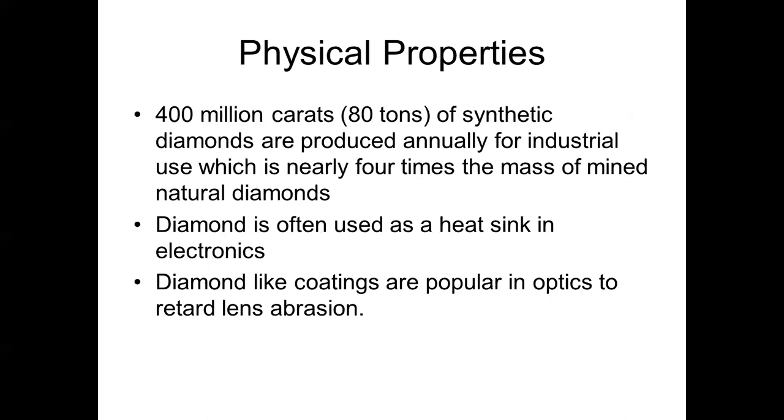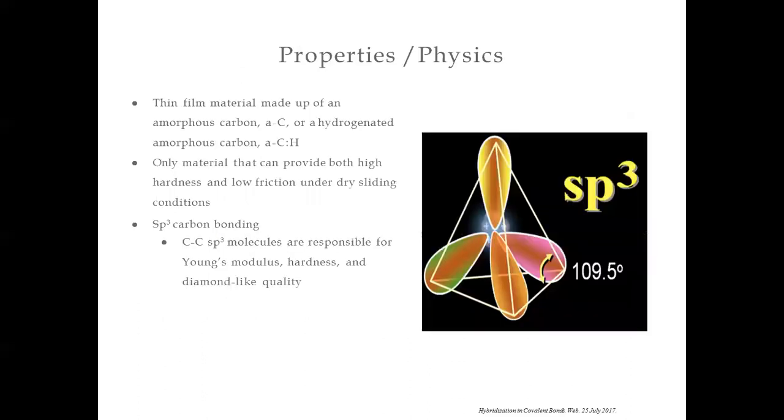So what they would do is a final coating, put these diamond-like coatings on the lenses to keep the lenses from scratching. So again, these are the physical properties that we looked at, and this is an sp3 orbital with a bonding of 109.5 degrees. So this material structure provides both hardness and low friction under sliding conditions.